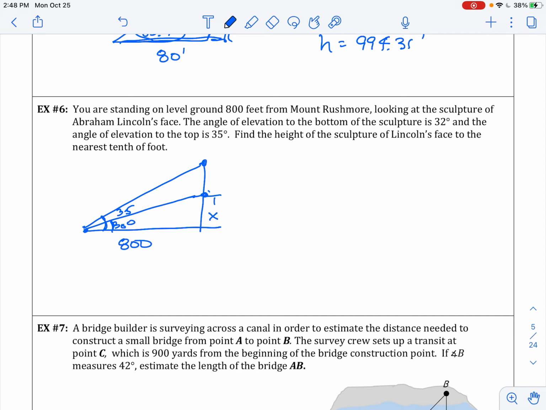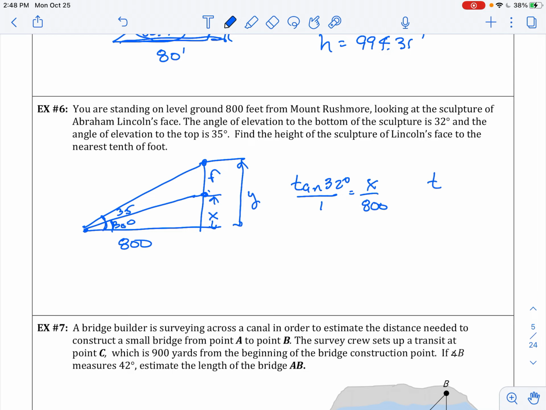So if we call this X and we call this Y, which are the easiest 2 to come up with, do you see to get this little height of his face, we can call it F. What would I do? I could find those 2 and subtract, if that makes sense. Now, these are both tangent functions, right? So if you can follow this, tangent of 32, would equal X over 800, and then of course tangent of 35 would equal Y over 800.